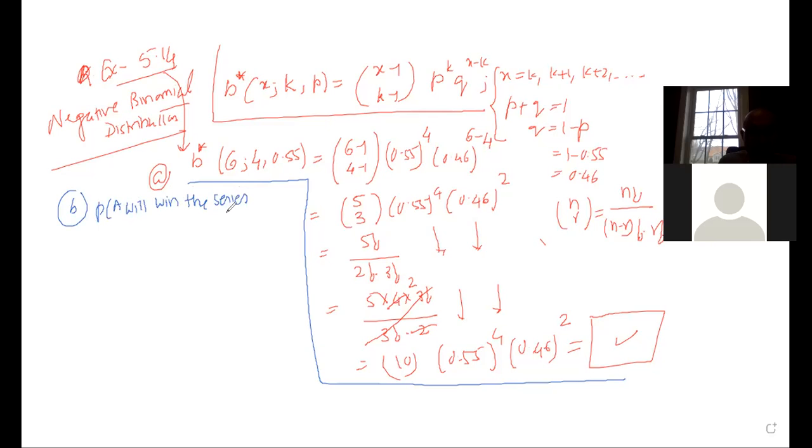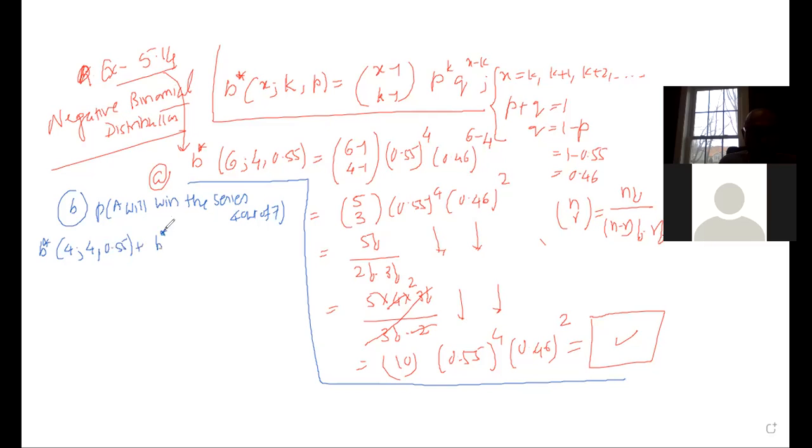That means team A is winning 4 out of 7, right? 4 out of 7. That means I can start like this: B star, my x is equal to 4, and all these 4 games, K is equal to 4. That is the success count, I mean to say K successes. All 4 games are won by team A, and the probability is 0.55.